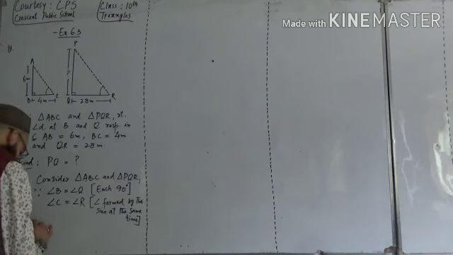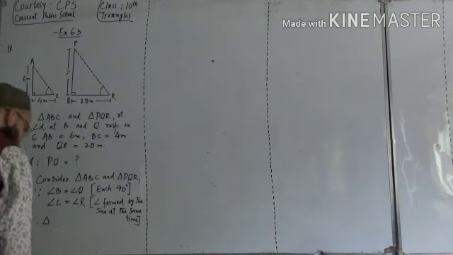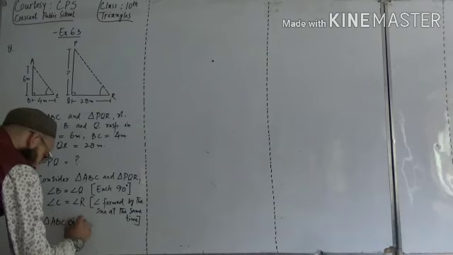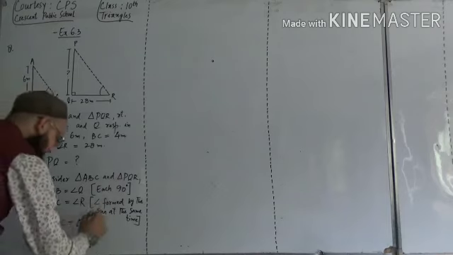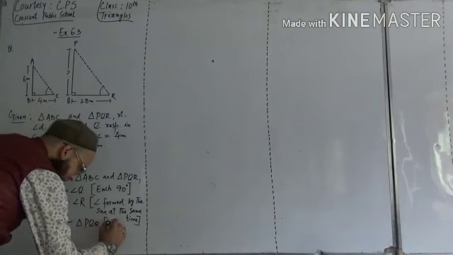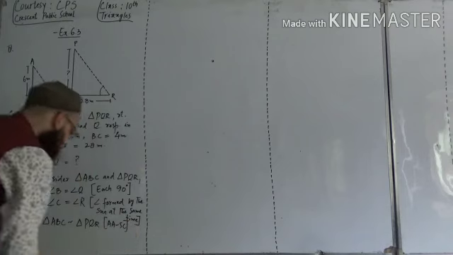Therefore, what we got from here? Triangle ABC is similar to triangle PQR by angle-angle similarity criterion.